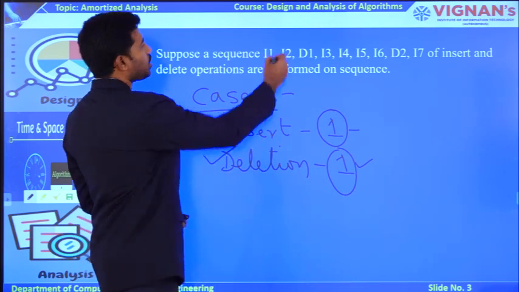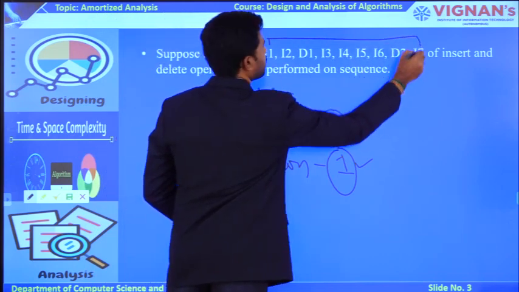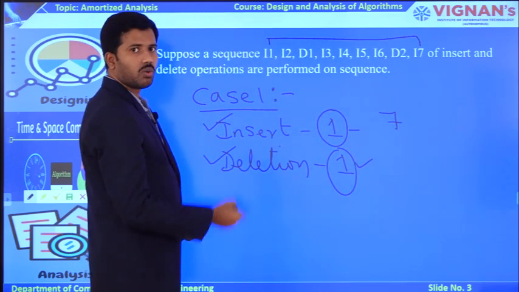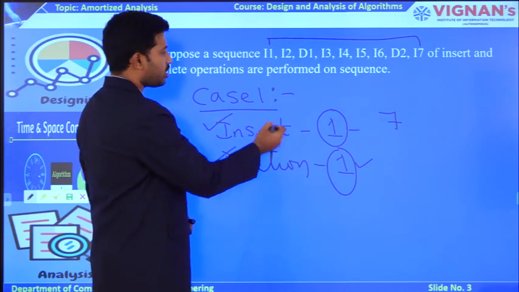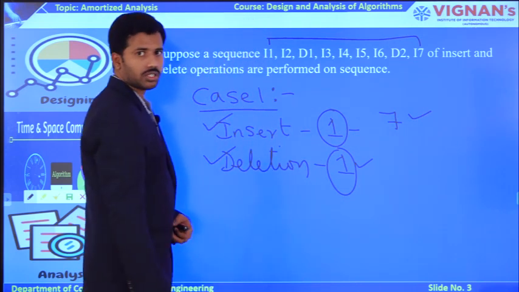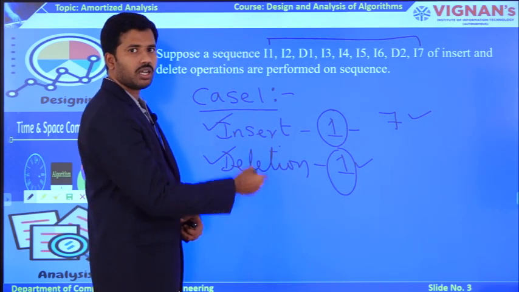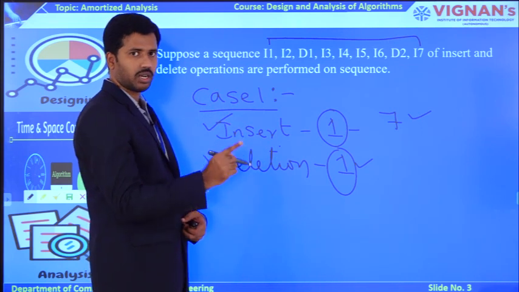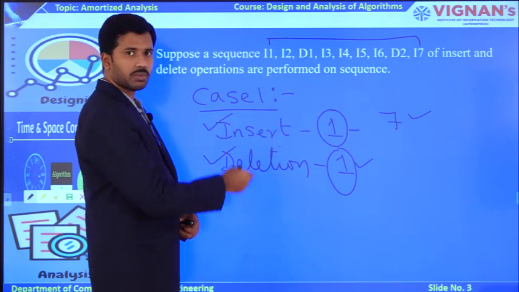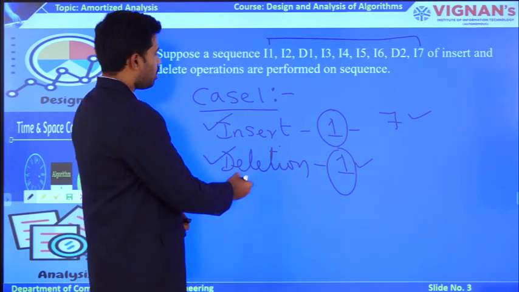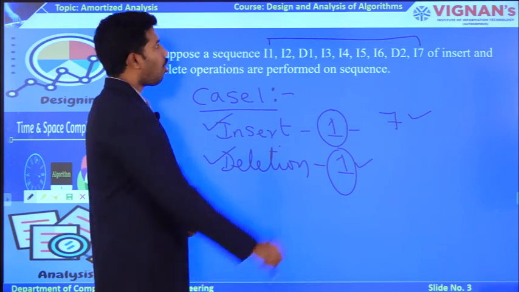Now, how many insertion operations are available in this sequence? Total 7. What is the total cost to perform 7 insertion operations? Each instruction has an actual cost of 1, so the total cost to perform 7 insertions is 7. Now, what is the cost to perform the deletion operations?